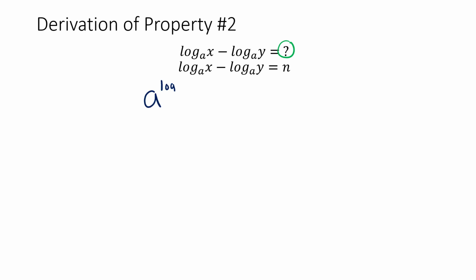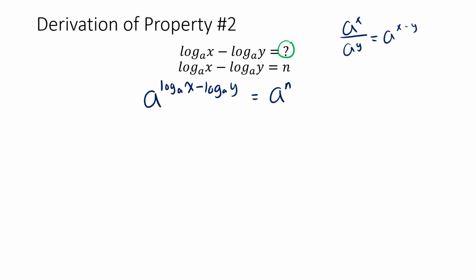So we'll have a to the log base a of x minus log base a of y equals a to the nth power. This time we're going to use the other property, which is if you have two like bases being divided, you would subtract the exponent.